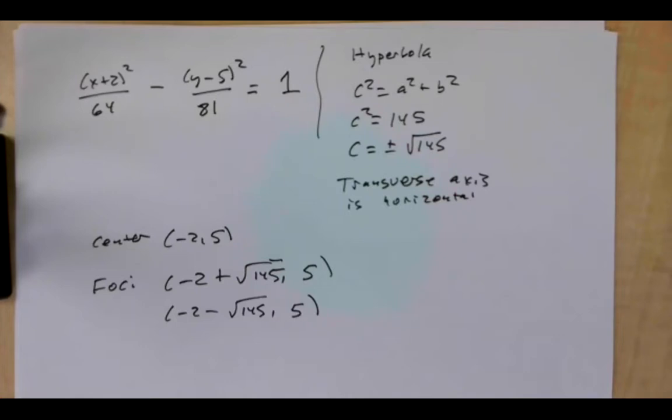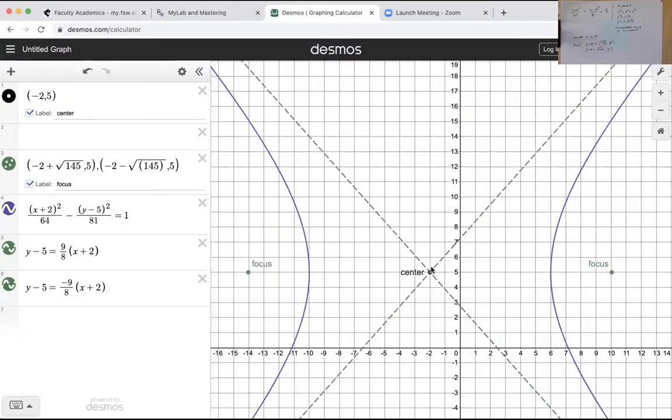So looking at that, there's our center at -2, 5. Our two foci about 12 units away in the horizontal direction because the transverse axis is horizontal. So -2 plus a little bit more than 12 is basically 10. -2 minus 12, basically -14. √145, pretty close to 12.